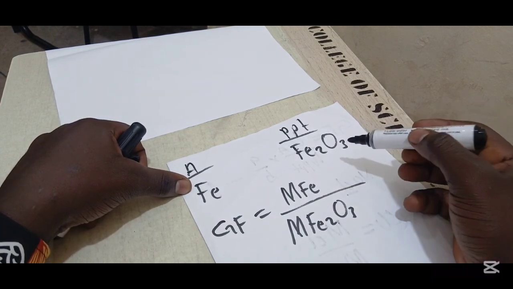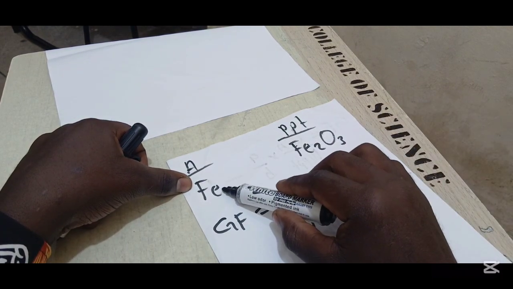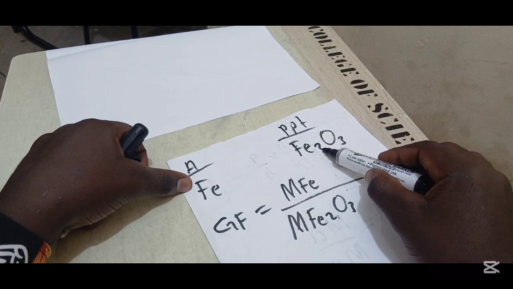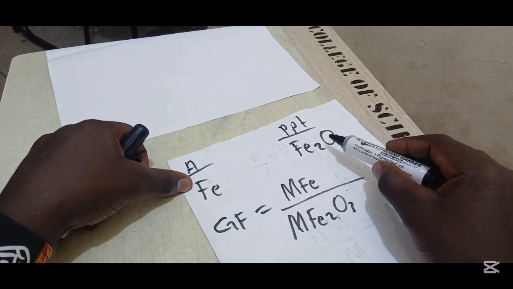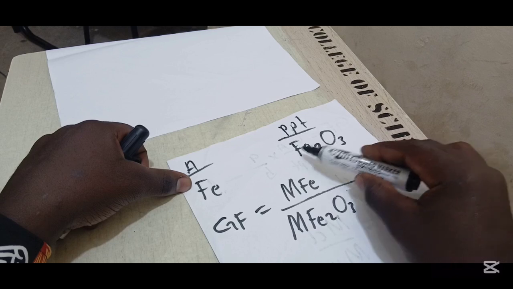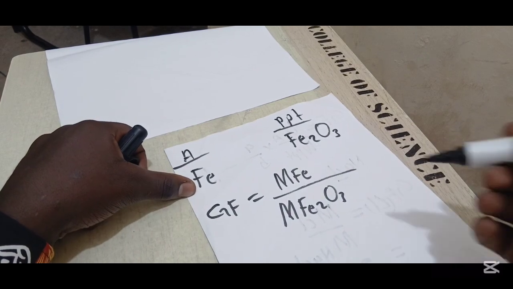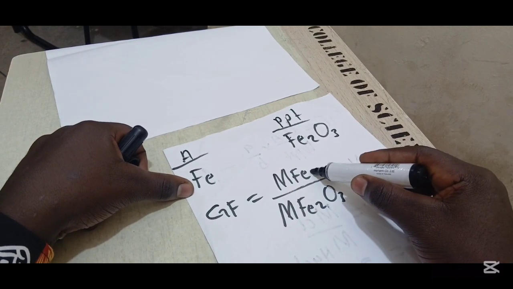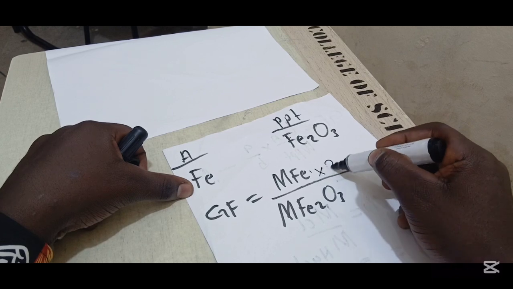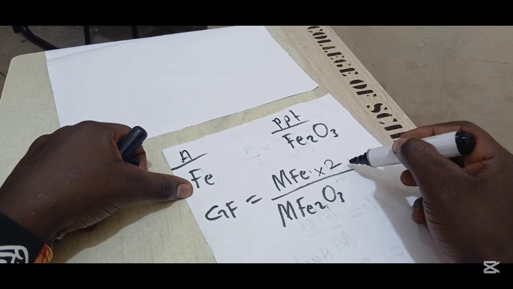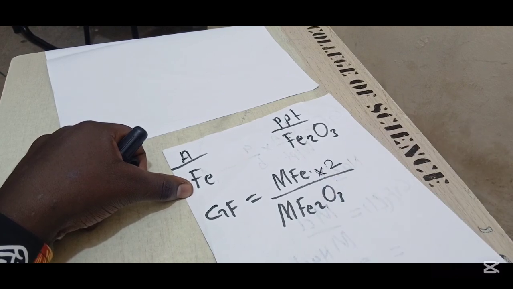Now let's look at the subscript of our analyte. Our Fe here has a subscript 1, but our Fe here has a subscript 2. So we have to find a way of cancelling this out, or making it balanced. So we just multiply this place by 2 in order for them to be balanced.